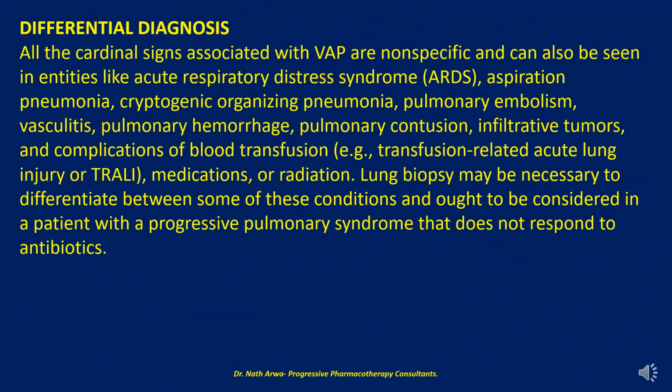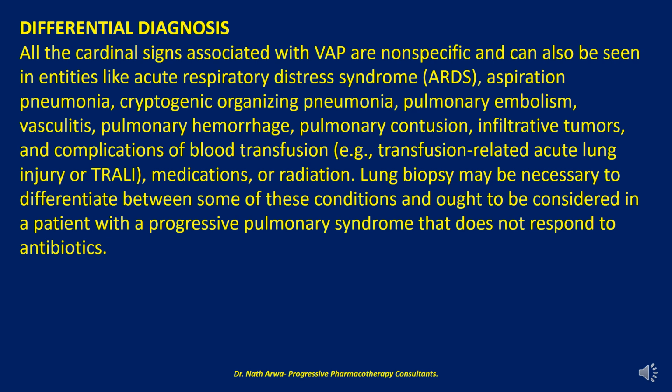We will now discuss differential diagnosis. All the cardinal signs associated with ventilator-associated pneumonia are nonspecific and can also be seen in entities like acute respiratory distress syndrome, abbreviated as ARDS, aspiration pneumonia, cryptogenic organizing pneumonia, pulmonary embolism, vasculitis, pulmonary hemorrhage, pulmonary contusion, infiltrative tumors, and complications of blood transfusion, e.g., transfusion-related acute lung injury or TRALI, medications, or radiation.